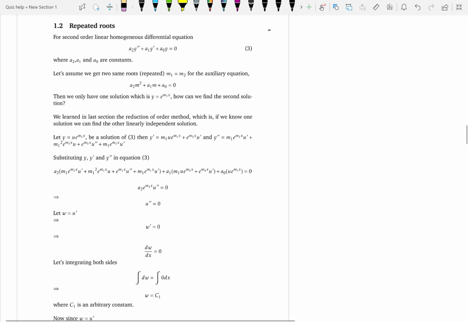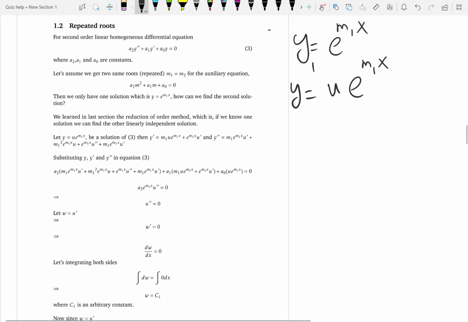All right, so let's assume that you only have one root, which is e to the m1x, right? You cannot find m2. Now the reduction of order method says you know one solution y1. We assume the second solution to be what? Remember? u times the first solution, u times e to the m1x, right?